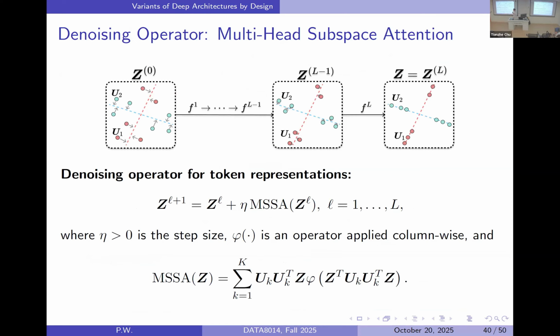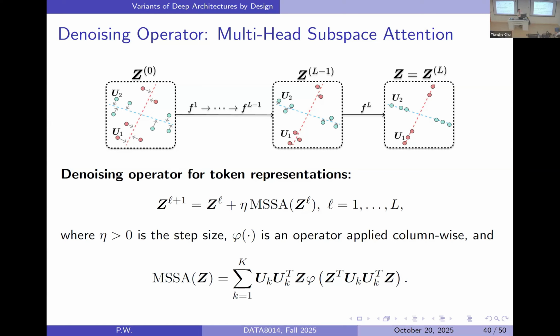Then what the layers of the multi-head self-attention operator essentially do is layer-wise denoising. You can see the distance from the subspace gradually decreasing as the number of layers increases. We interpret the multi-head subspace self-attention operator as a denoising operator.